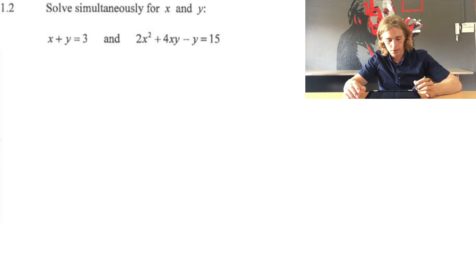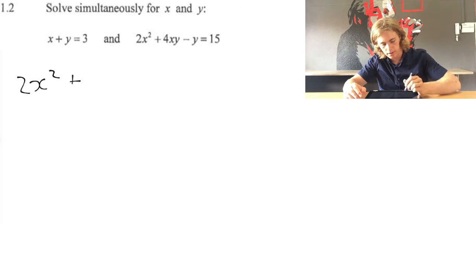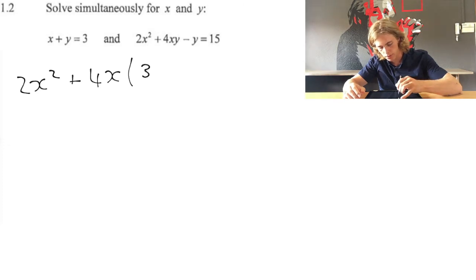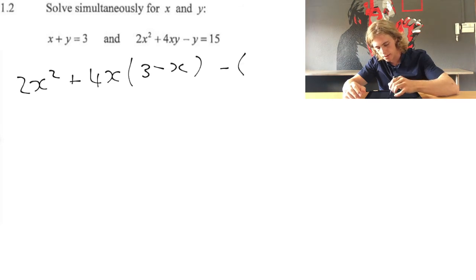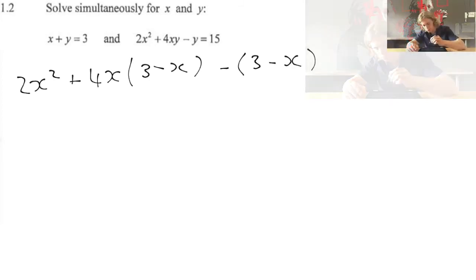So let's go ahead and do that. We have 2x squared plus 4x. Now where the y is, we're going to put a bracket. We're going to go 3 minus x. And then we're going to say minus, and again 3 minus x equals 15.